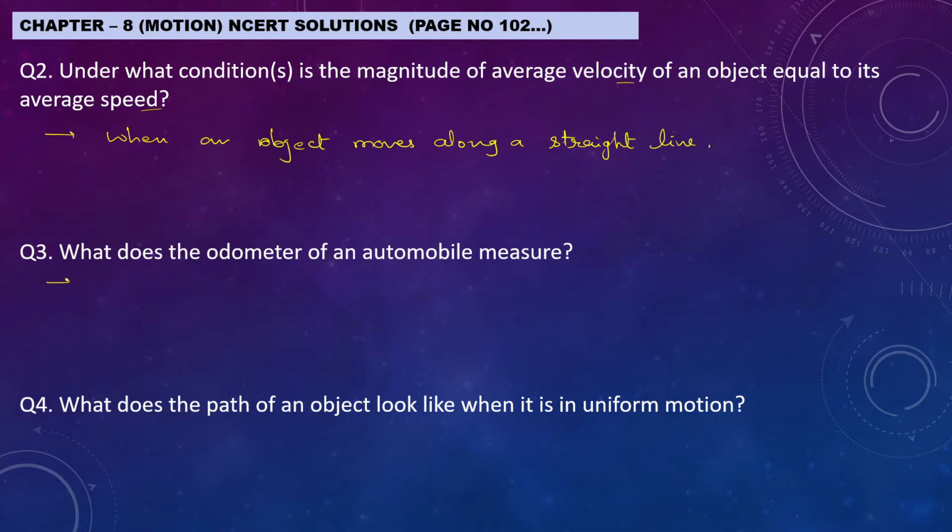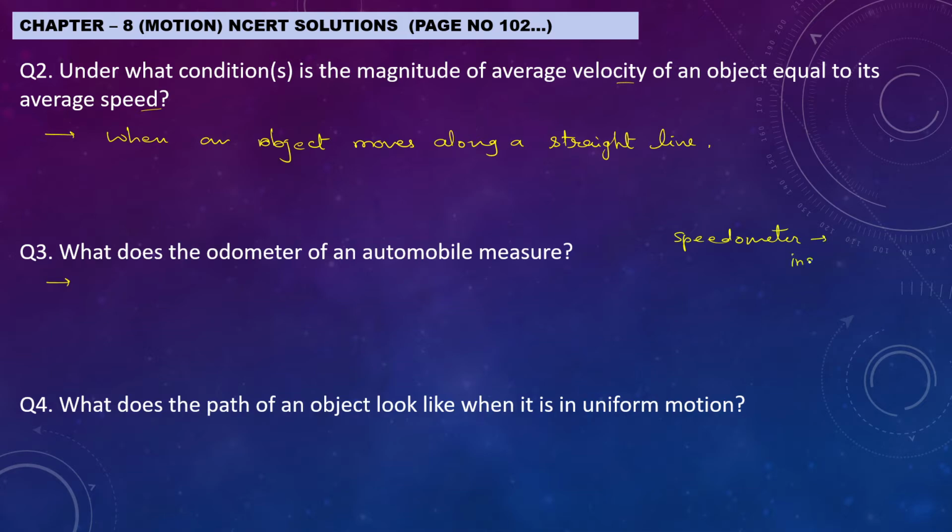Okay, now what does the odometer of an automobile measure? So odometer and speedometer, we have seen the two instruments, right? So odometer measures the distance traveled by an object and speedometer measures instantaneous speed, right?